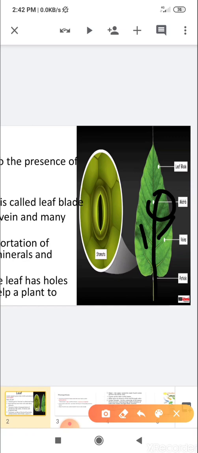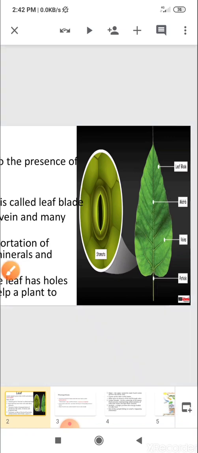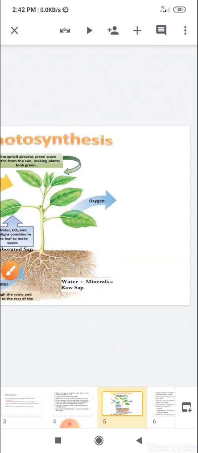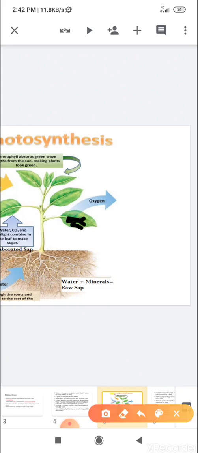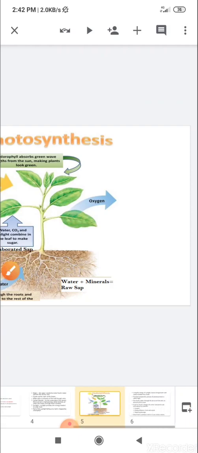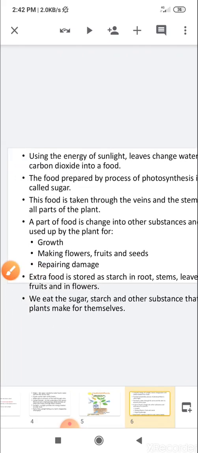These veins will carry the food first into the stem, then from the stem it will transfer the prepared food to other parts of a plant.